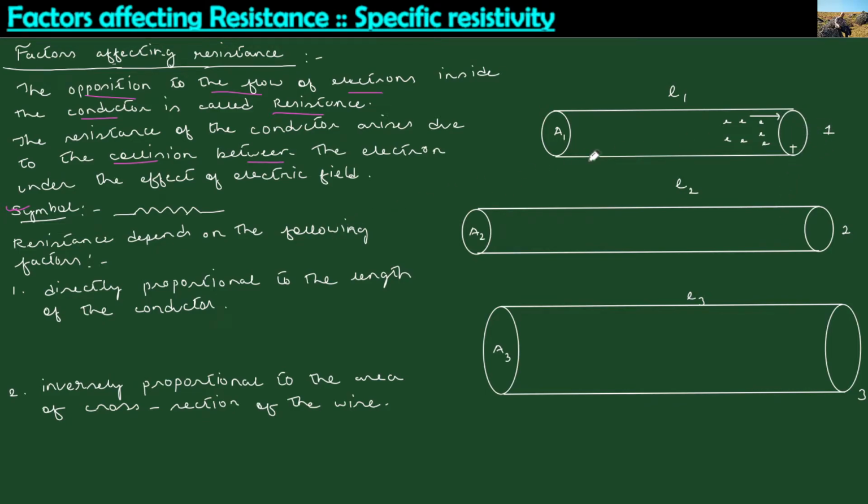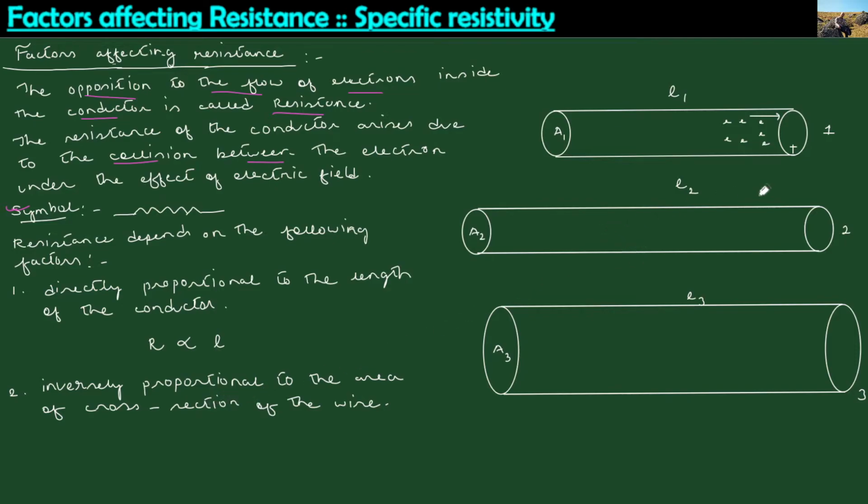Now, as the length increases, resistance also will increase, which means that R is directly proportional to the length of the wire, according to the first condition.